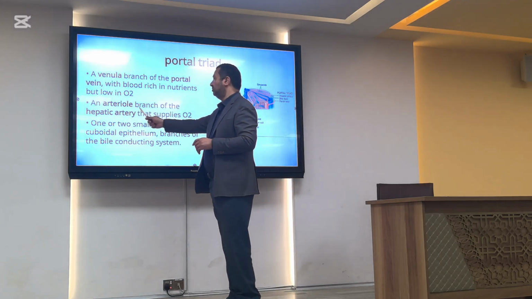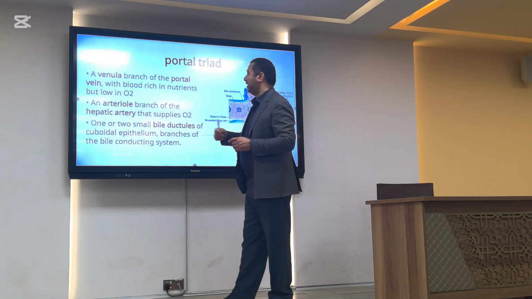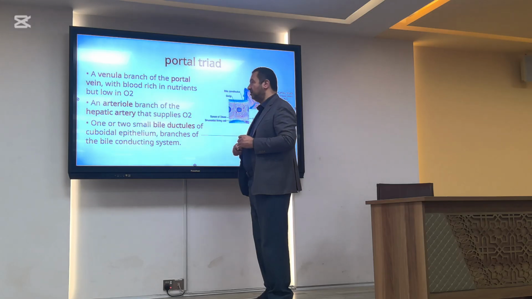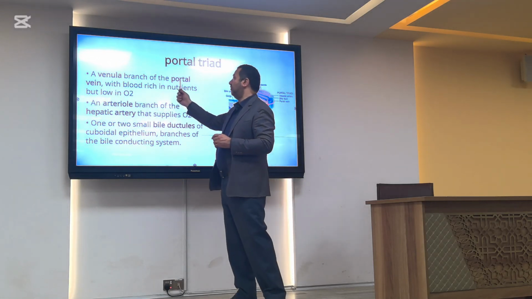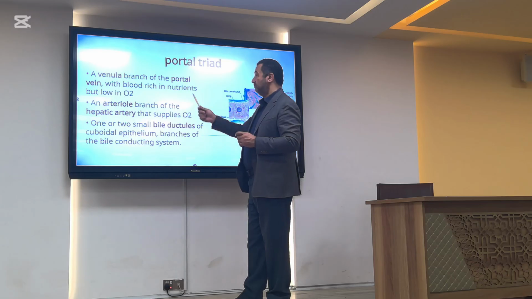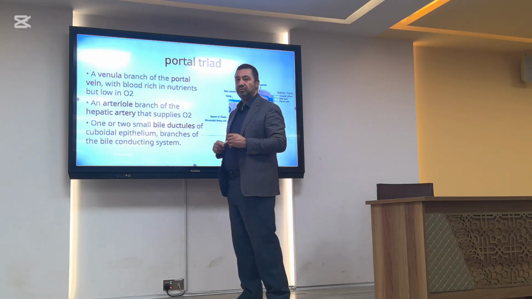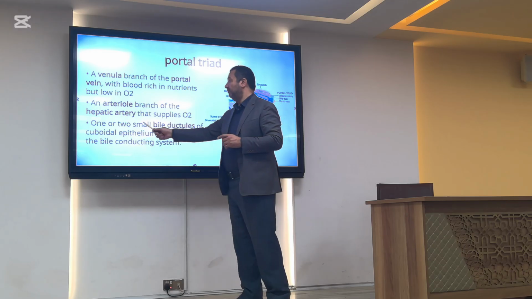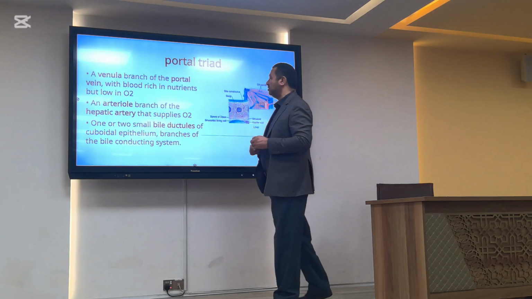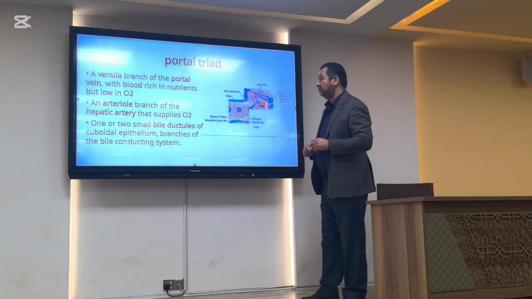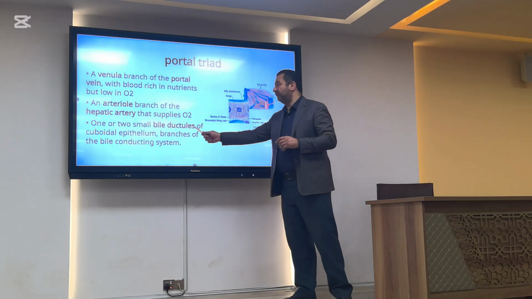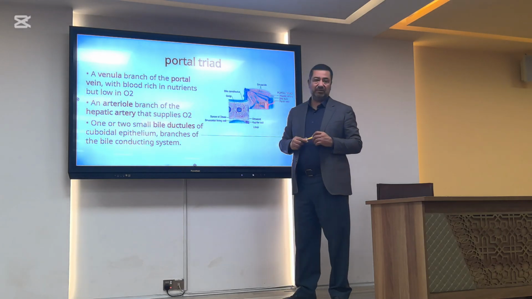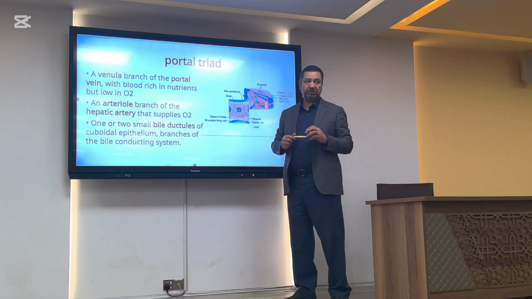An arteriole branch of the hepatic artery that supplies O2, a venule branch of the portal vein with blood rich in nutrients but low in oxygen, 1 or 2 small bile ductules of cuboidal epithelium, branches of the bile conducting system. Is it clear?